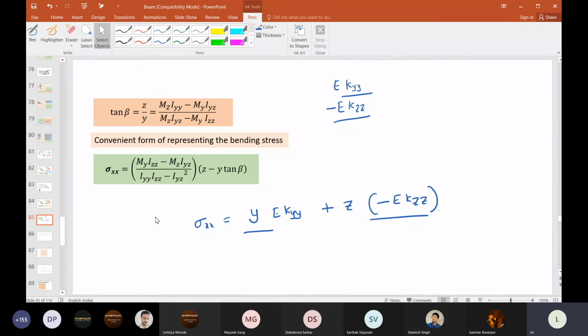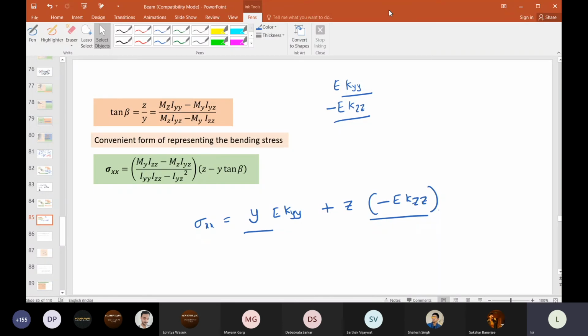We knew that as soon as the loading plane is XY, it will also bend in the XY plane, because it was simple bending, isn't it? So that's why we didn't bother to put KYY. It is actually KYY in simple bending.